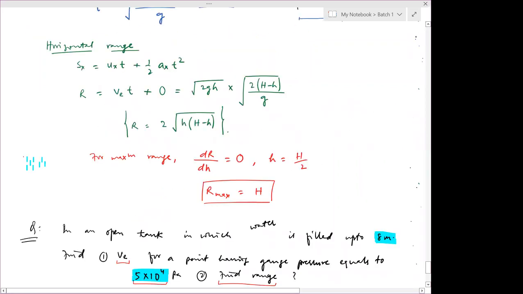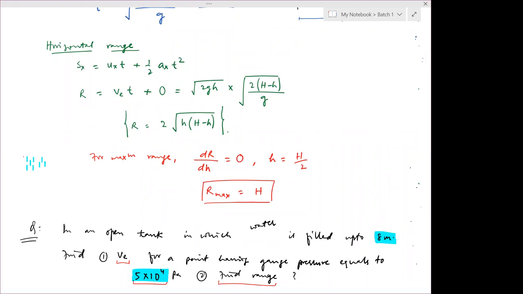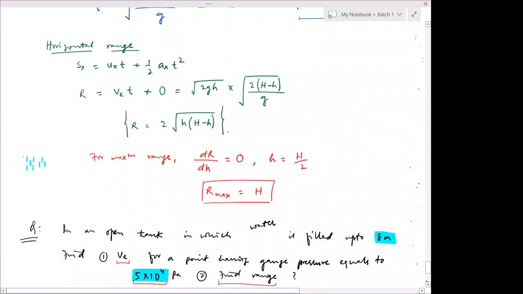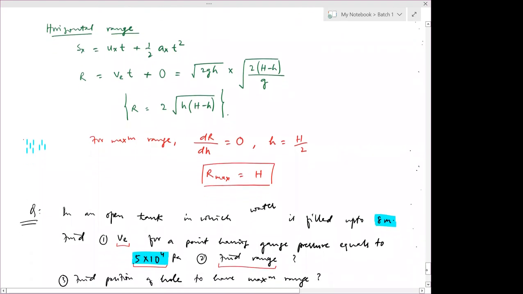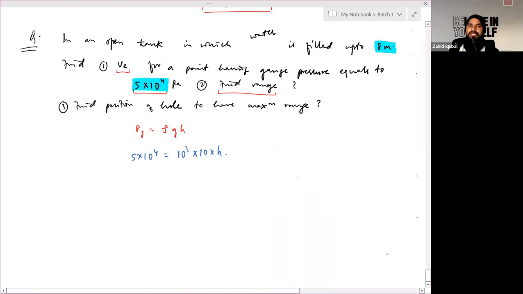Sir, could you show the range formula again? This part. Oh, I wrote the formula wrong. Okay. Salman, just take the formula which you have used.